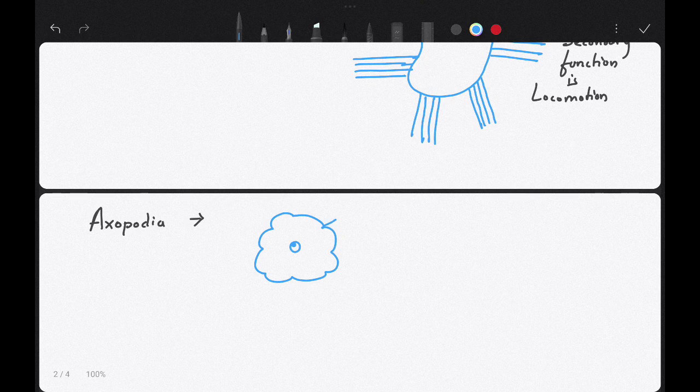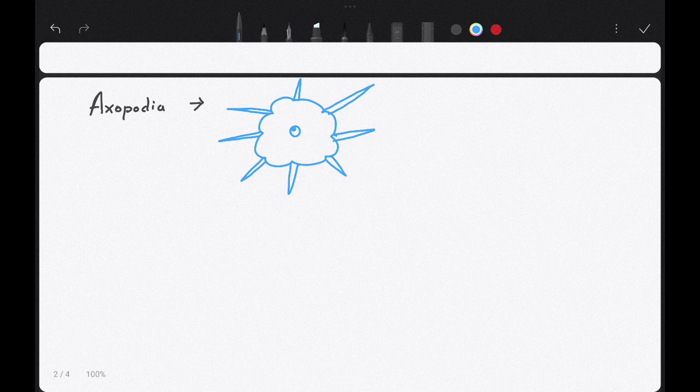What will happen is that it is needle-like, the pseudopodia is needle-like. In them also, the function of the pseudopodia is mainly to capture food. I hope this much is clear.